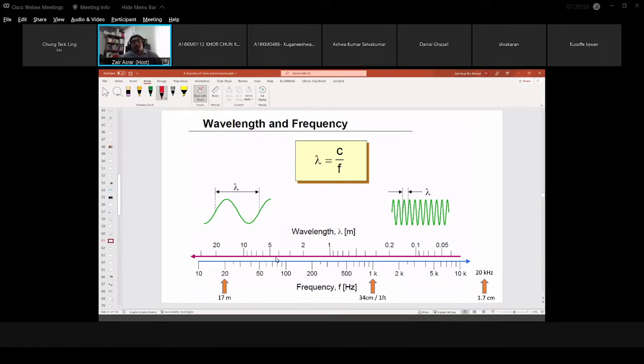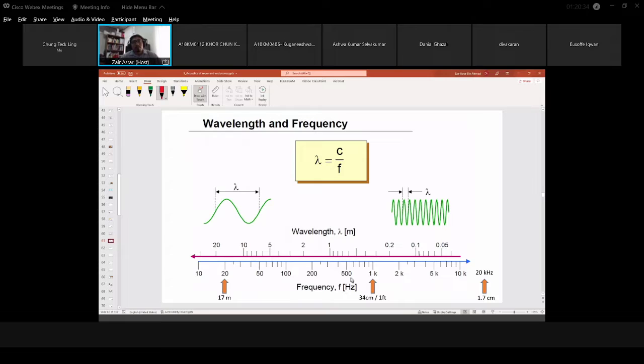So in this case, for example, at 1 kilohertz, our wavelength is 1 feet or about 30 centimeter. Okay, so that means to absorb sound at 1 kilohertz, we need 30 divided by 4 centimeter. Okay, close to 10 centimeter thickness of felt or foam to absorb the sound.